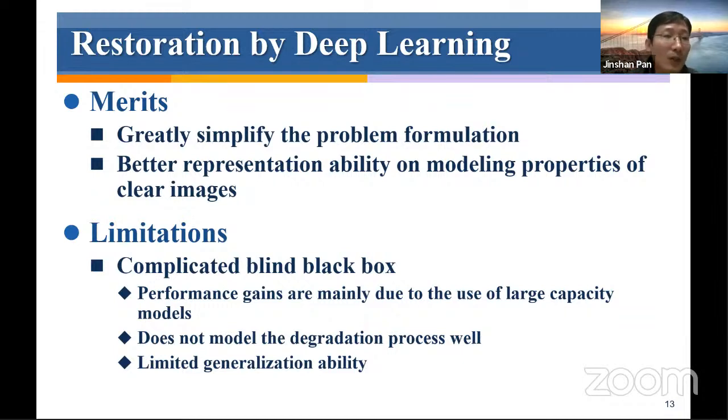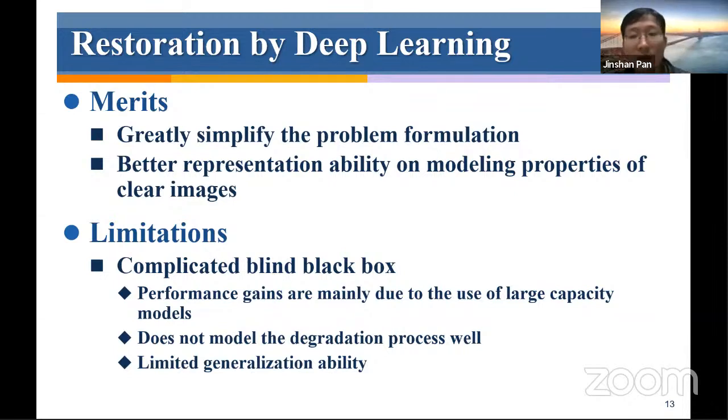In addition, due to the better representation ability of deep learning, the deep learning-based methods usually have better representation ability on modeling the properties of the clear images, and thus generate high-quality clear images. However, based on the aforementioned survey paper, the limitations of the deep learning-based methods are also obvious.